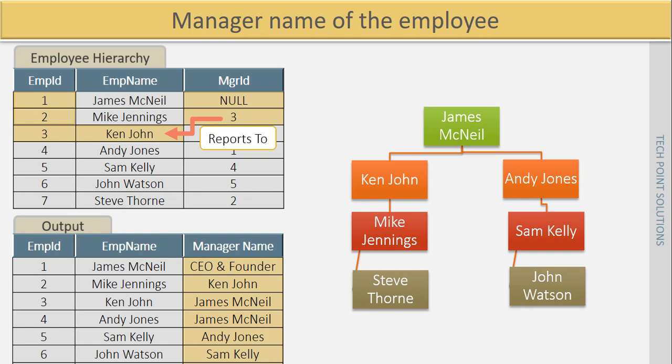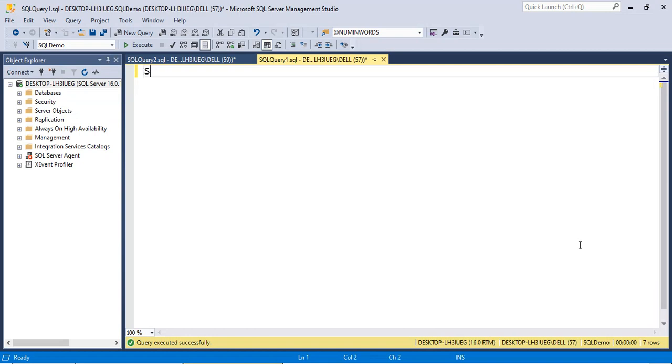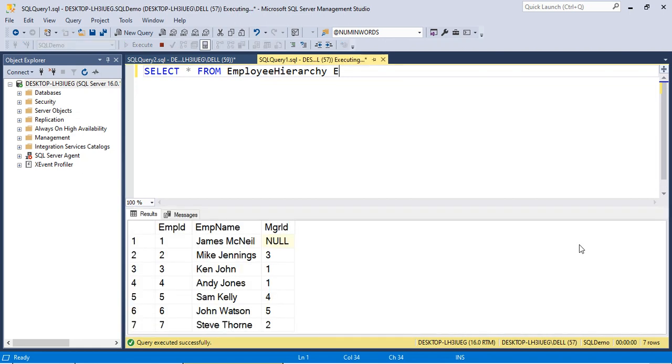So let's go to SSMS and write a query to find employee name and their manager name using the same table. Let me show you the table first. Select star from employee hierarchy, press F5.